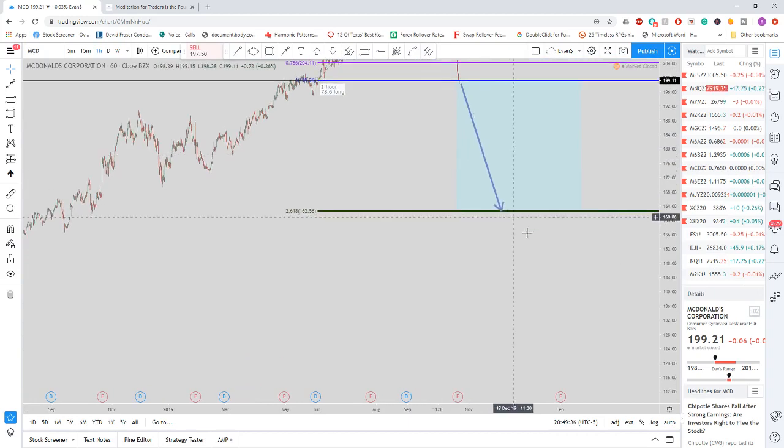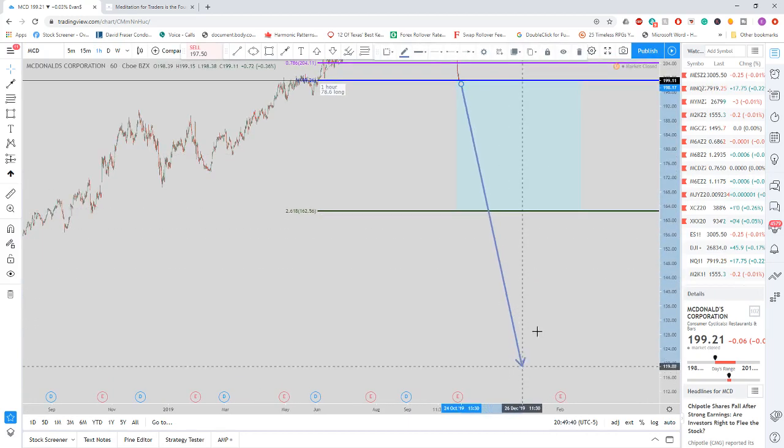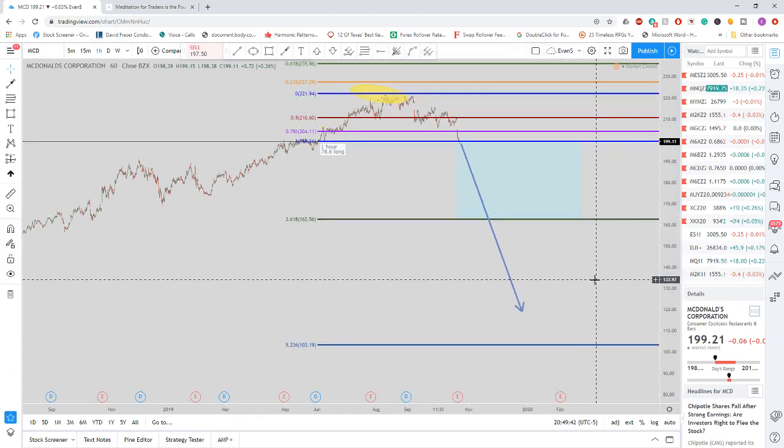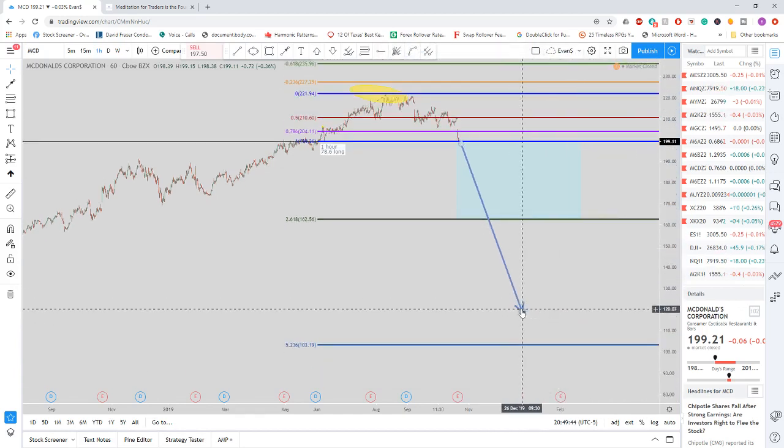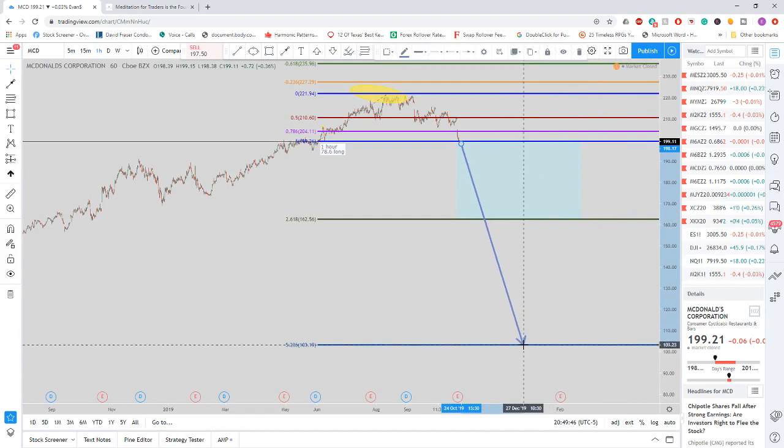But if price continues to go down lower, hey, that's fine as well. The exit doesn't move. All it does is get me in at better prices for McDonald's stock. So that's what we have for McDonald's today. We've got the one hour long right here, then the daily short, and then that parabolic curve. Just something to consider if price continues to go down and breaks that parabolic curve.